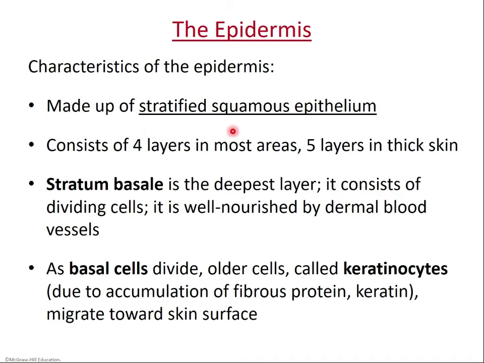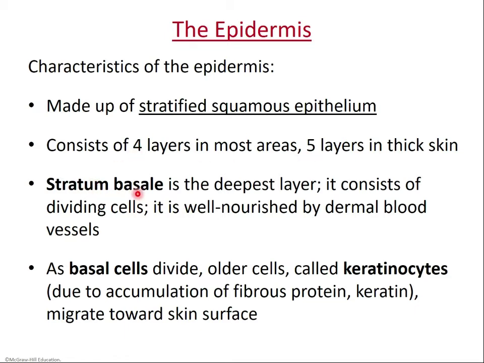It is important for this to be a thick layer of epithelial cells so that it can form a protective barrier around our body. This mostly consists of 4 layers, and in some areas where we have thick skin, there will be a 5th layer as well.